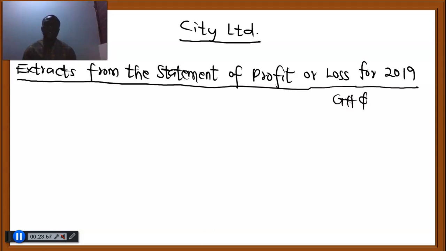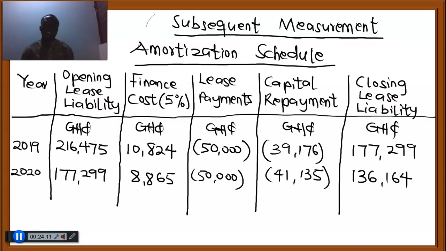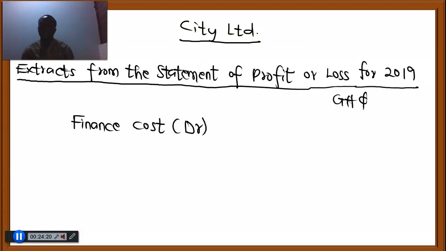So we recognize finance cost. These are expenses, so we put it in brackets, you show it as a debit. When we refer back to the amortization schedule, the finance cost for 2019 is 10,824.